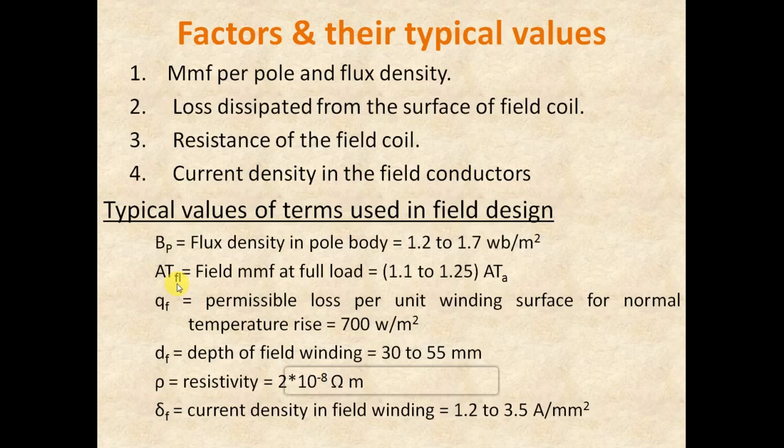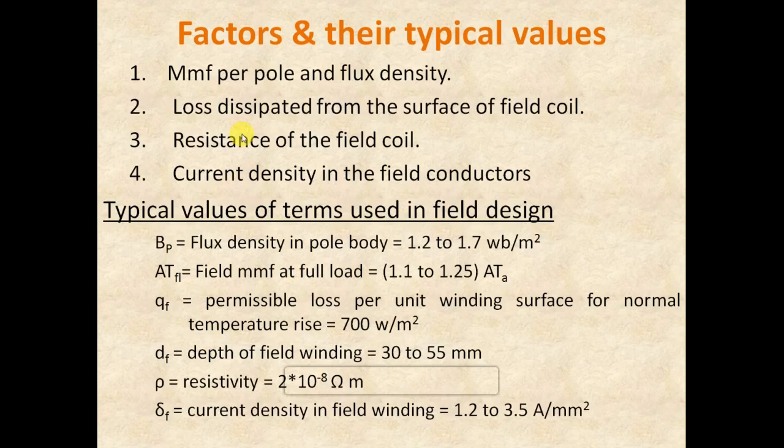Generally the standard value of ATFL is 1.1 to 1.25 times that of the ATA, where ATA is actually the armature mmf at full load. So we can say that the field mmf at full load is actually 1.1 to 1.25 times that of the armature mmf at full load. Or else we can also say that the field mmf at full load is around 10 to 25 times greater than that of the armature mmf at full load.